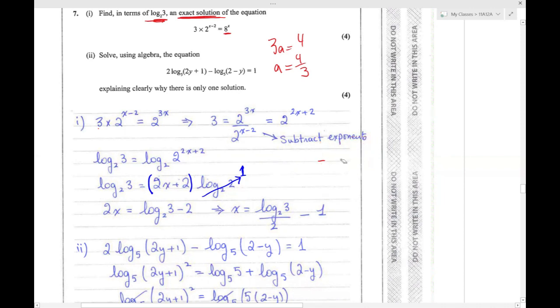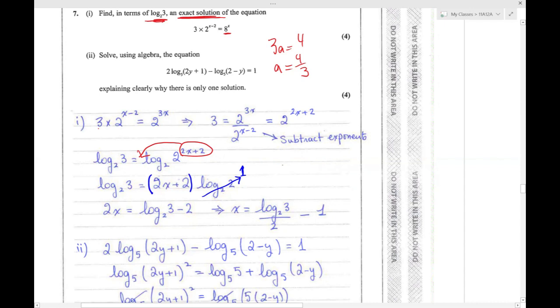After you log both sides, you use the exponent rule. And this is what happened here. And then you have log base 2 of 2 is 1. So far, okay.